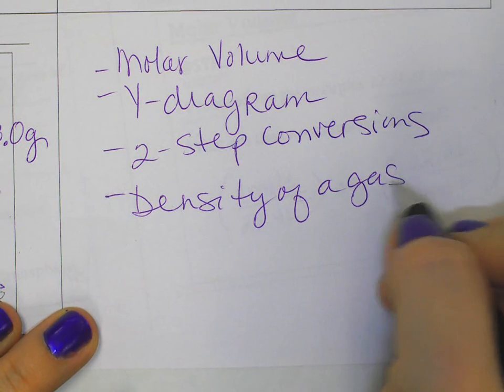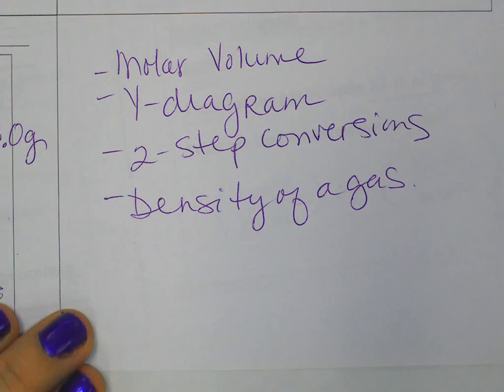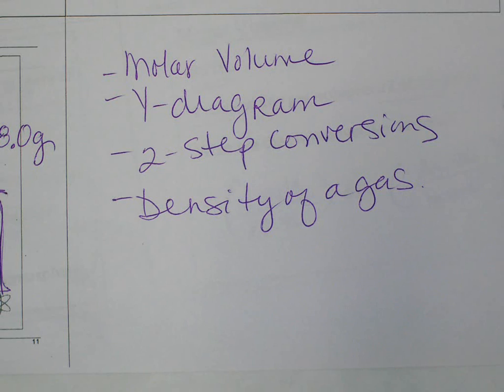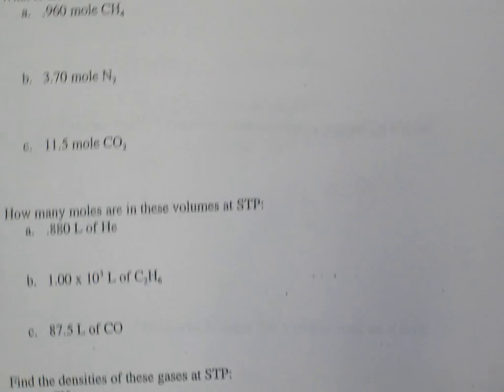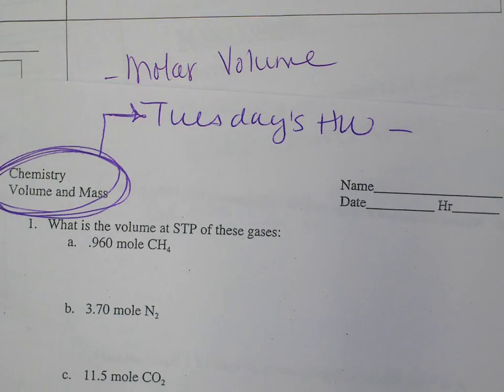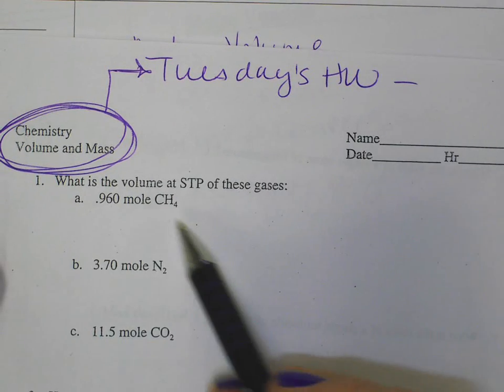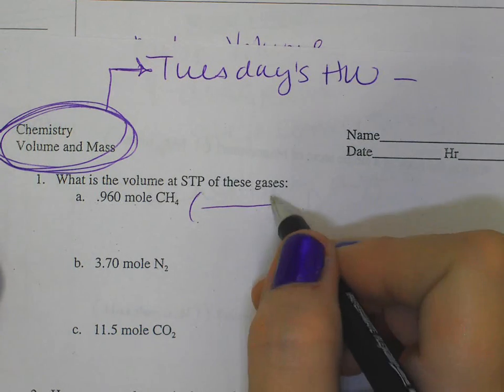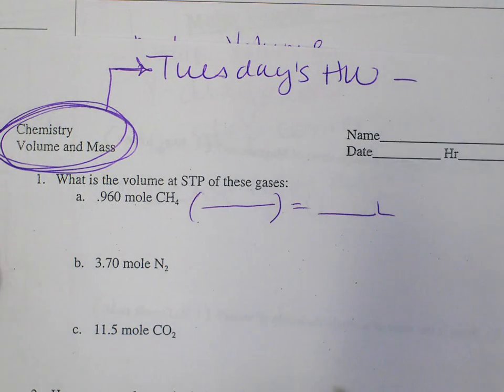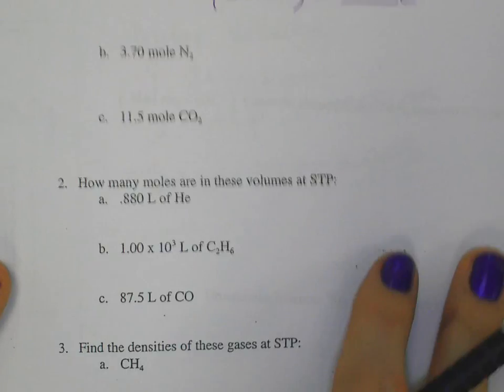All right, so your assignment then for this off-campus day is to complete this worksheet. If you look at it, you've got a few different parts here. The top, you're just converting moles into liters. For number 2, you're converting liters into moles.